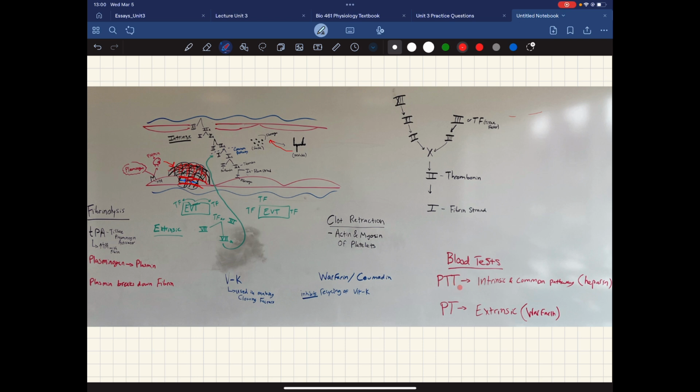It's kind of intimate, kind of intrinsic. They're common. So remember the two T's are intimate, they're one, they're common, they're intrinsic, and that's with heparin. There's a lone T for PT, extrinsic, extrovert, wants to be alone, war, causes loneliness, warfarin. Kind of a way to remember that.